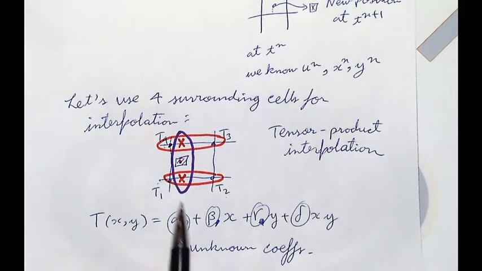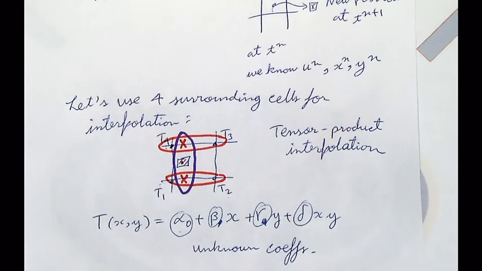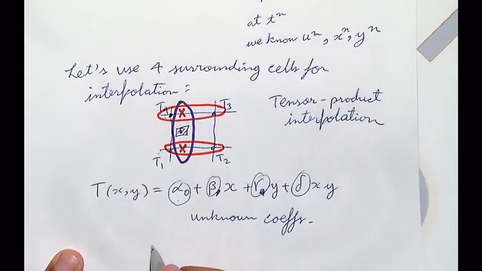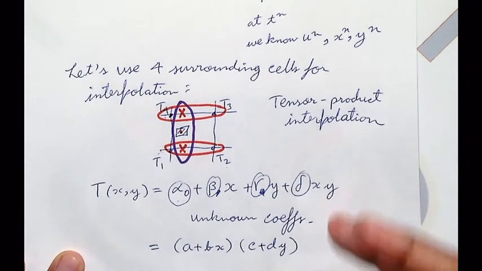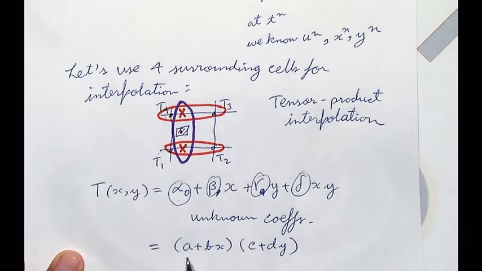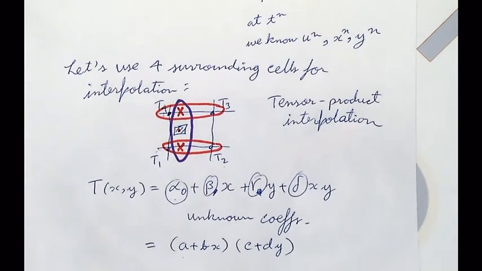If we know 4 values and we have 4 unknowns, we can do a solve, right? It's a very simple simultaneous equation solve. Another way to represent this would be a plus bx times c plus dy. So we have linear in x, linear in y, which basically gives you the same equation. Alpha naught is a times c, and so on.